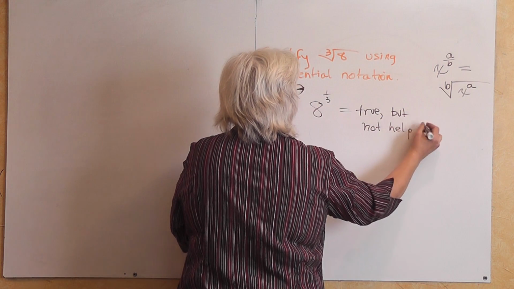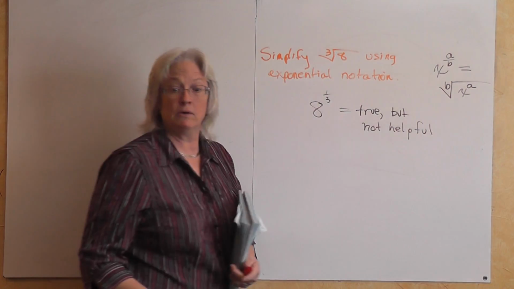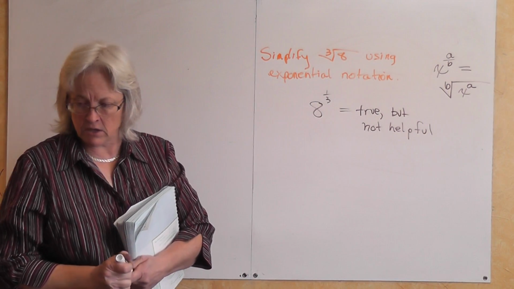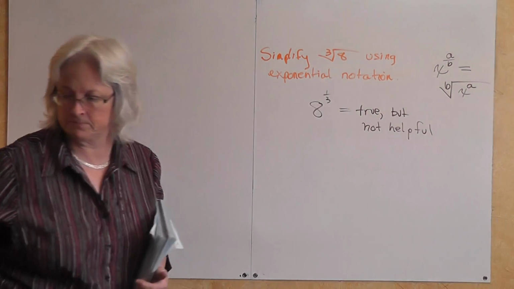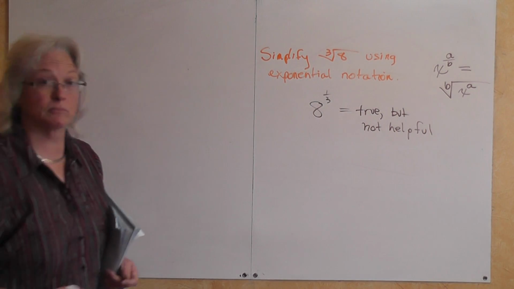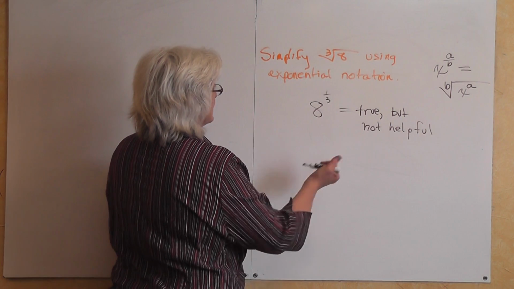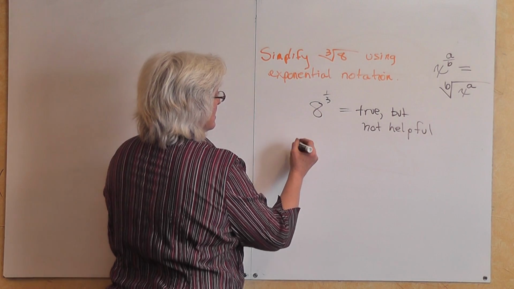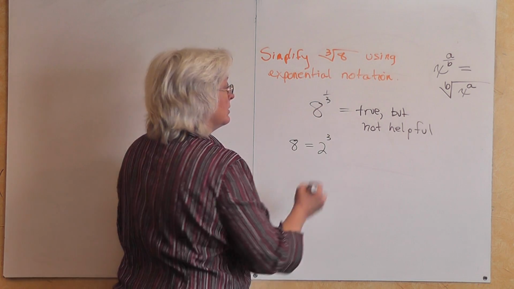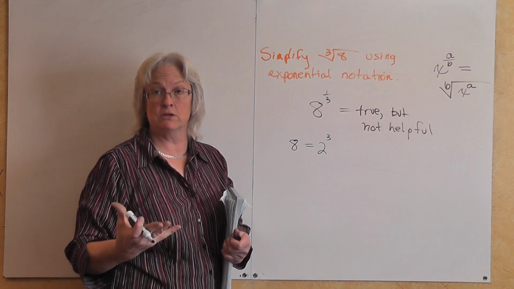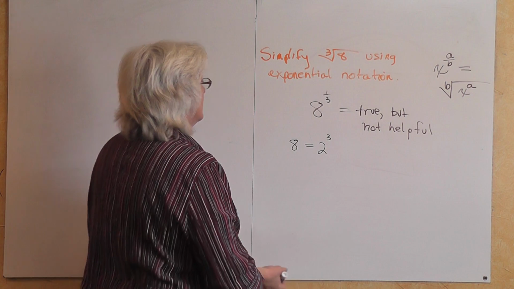So what can we do next? Well, let's think again. Is there another way that we can express 8? There is. We can say that 8 is equal to 2 cubed, isn't it? 2 times 2 is 4 times 2 is 8.